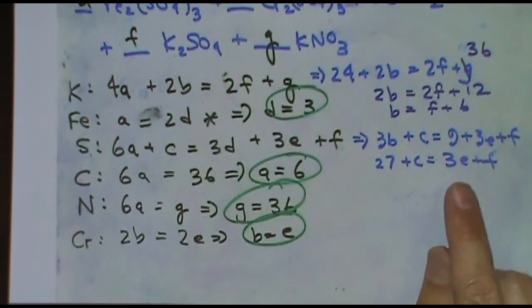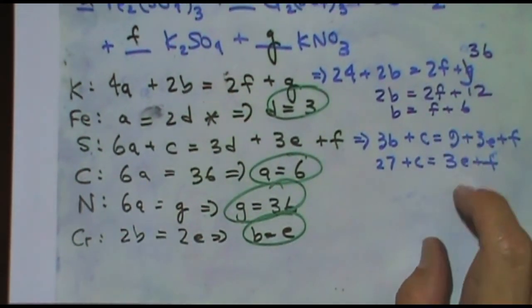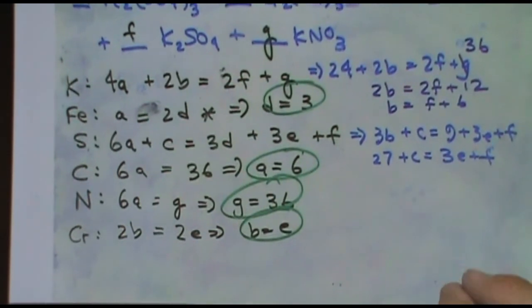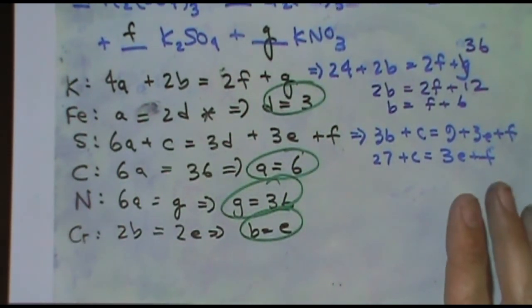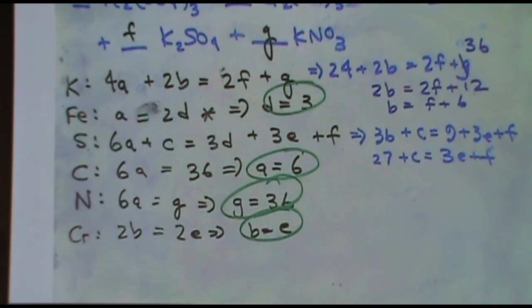I mean, I could put B here and substitute these into each other, and then get it in terms of C and F. I could do that. Okay, that sounds fun.